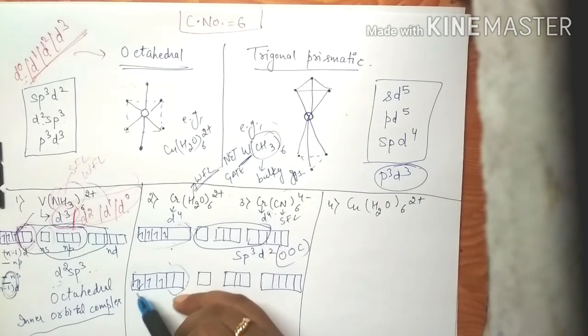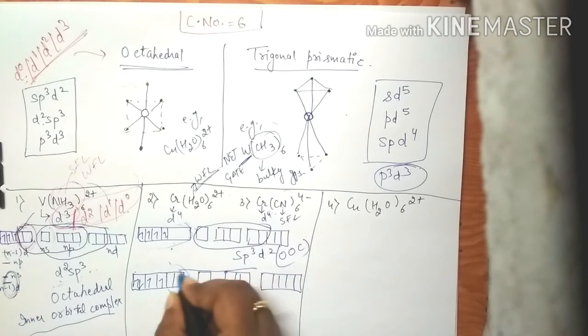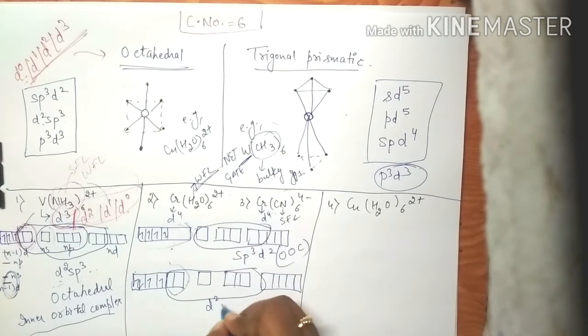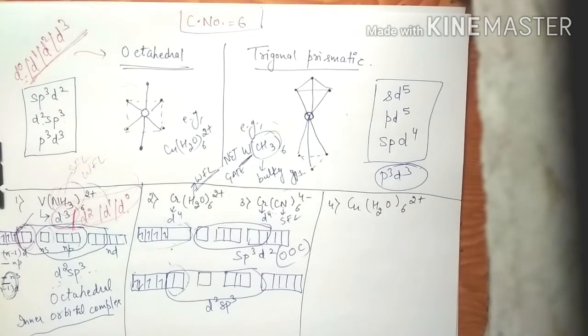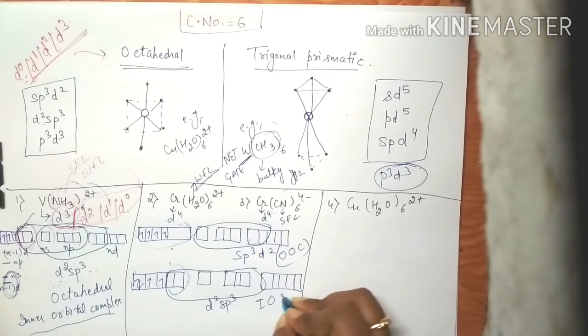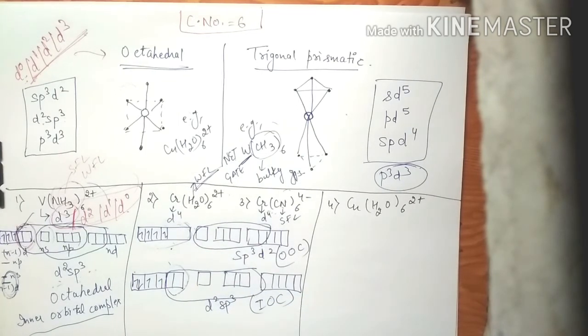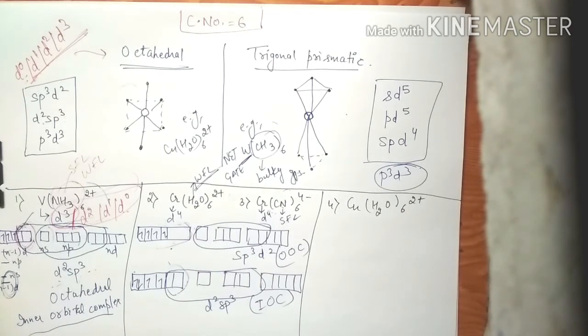This pairing has happened because there is a strong field ligand present here, so we'll have d2sp3 hybridization. Here we have used inner d orbitals, so the complex is an inner orbital complex. So from here also we can take out a conclusion.